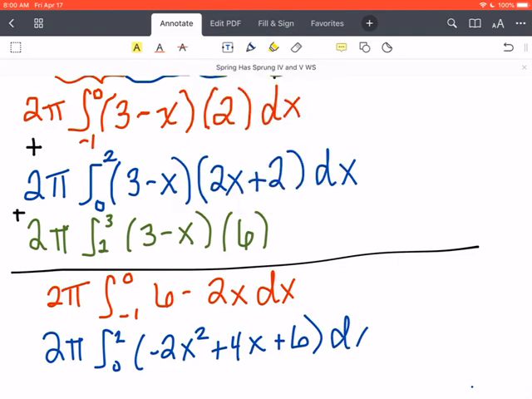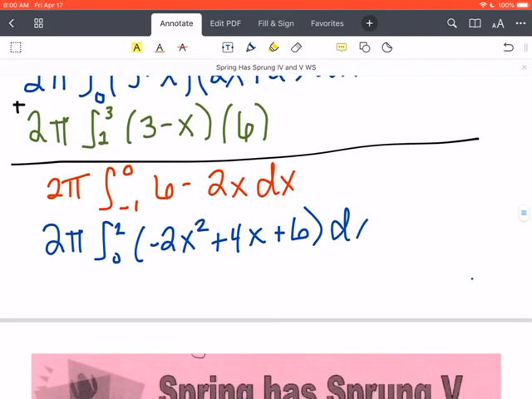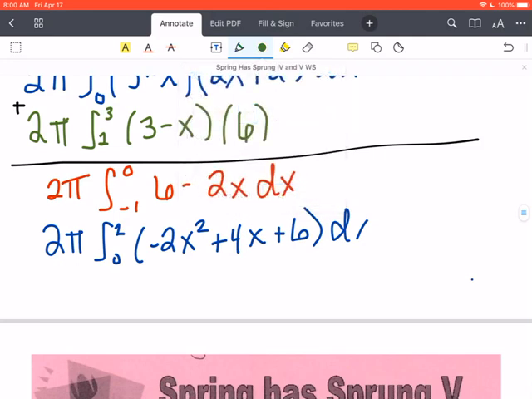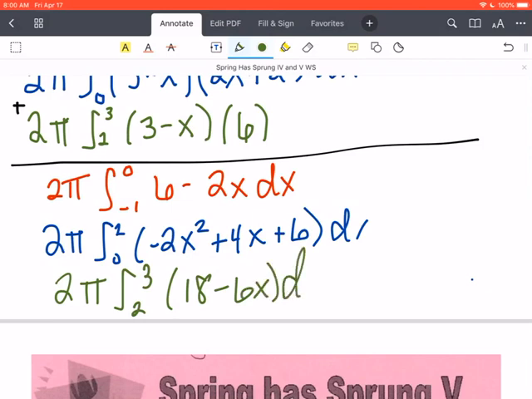And then finally we have 2 pi times the integral from 2 to 3 of 18 minus 6x dx.